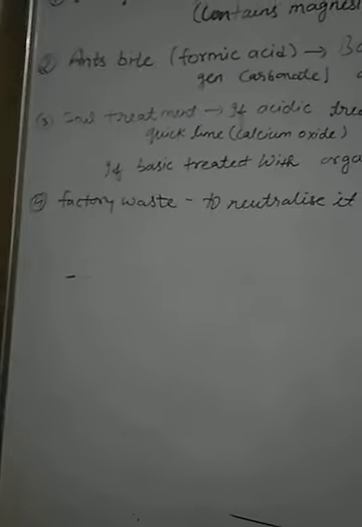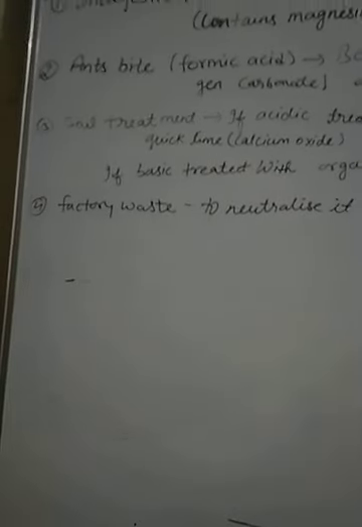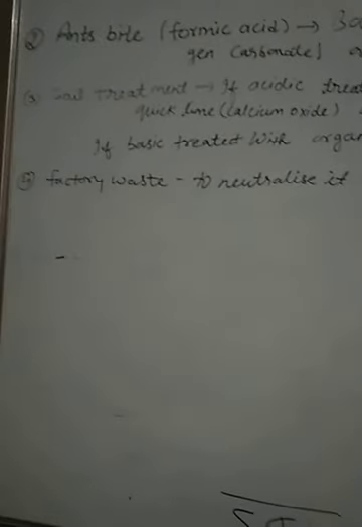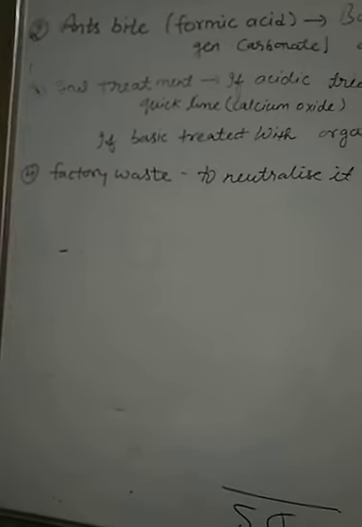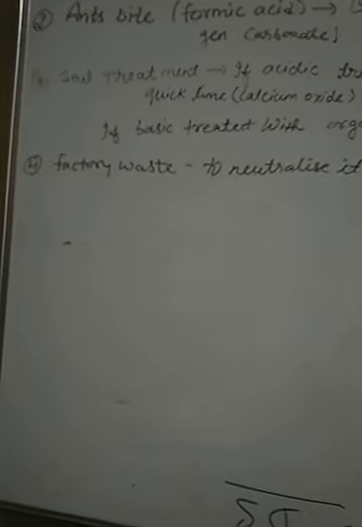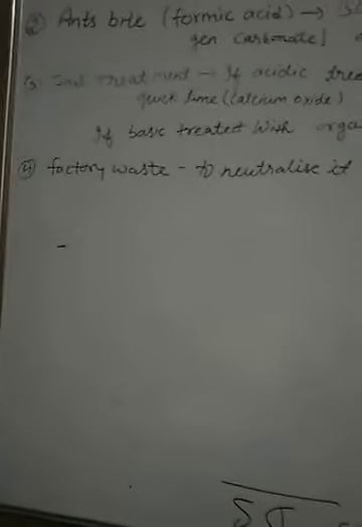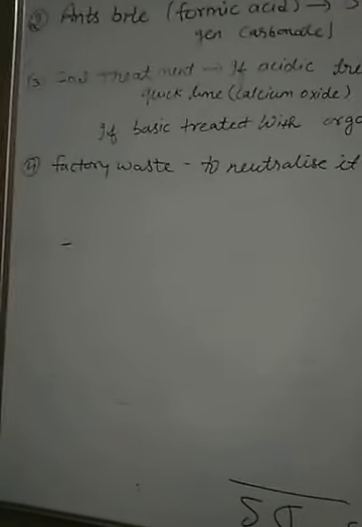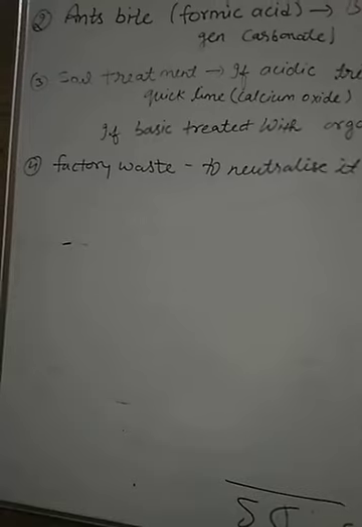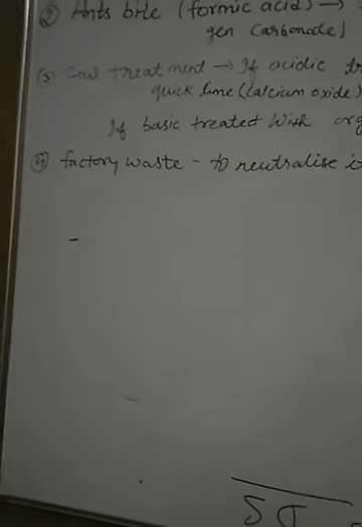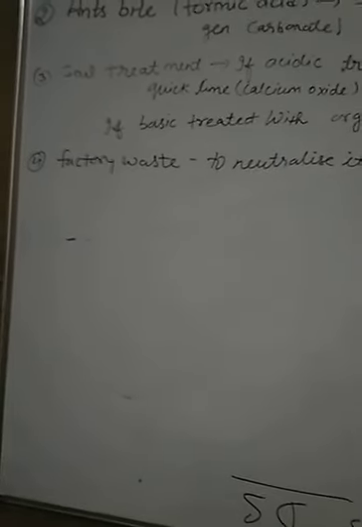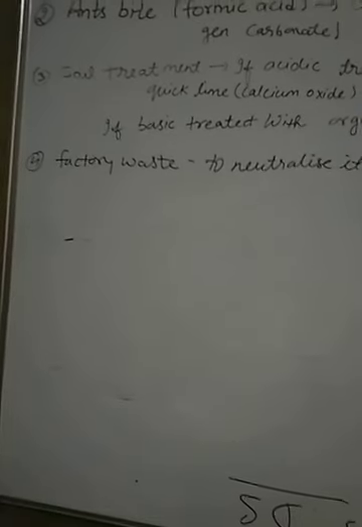Children, the factory waste. Nowadays a lot of factories are established which release many chemical products, sometimes acidic products, sometimes basic products. And if we allow these products to flow directly into the water, the organisms living in the water bodies will die due to the effect of the acid.